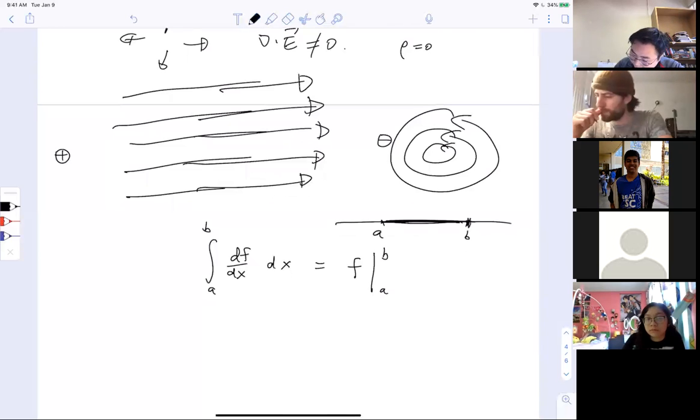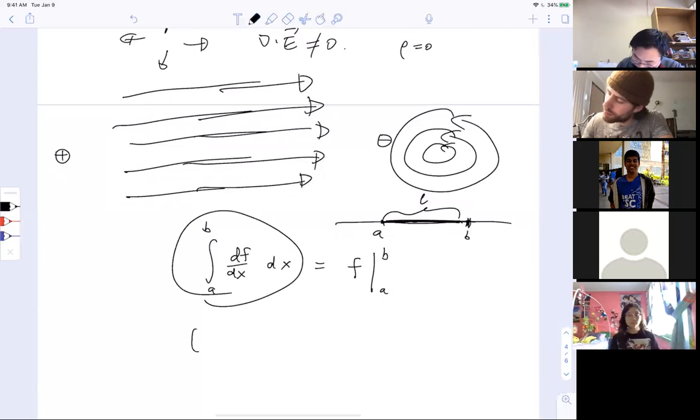If you denote this region as L, then this is the integral over L of df, equal to the value of f evaluated at those two endpoints.